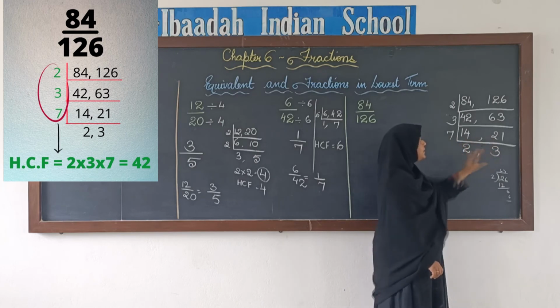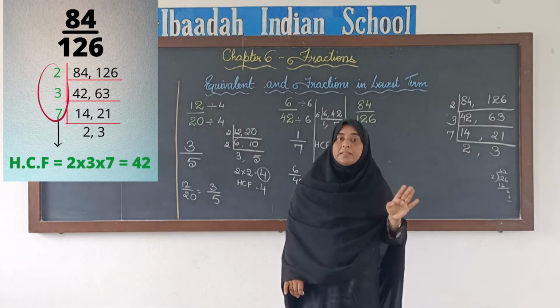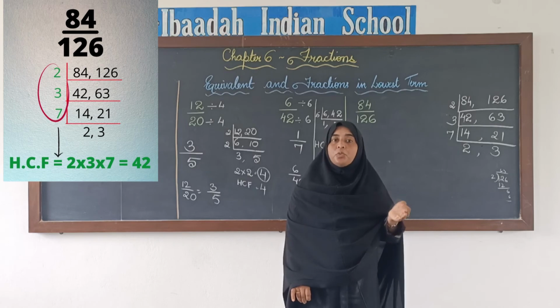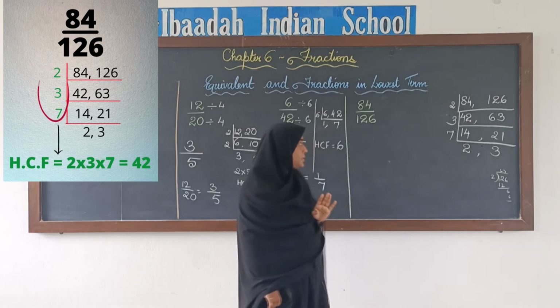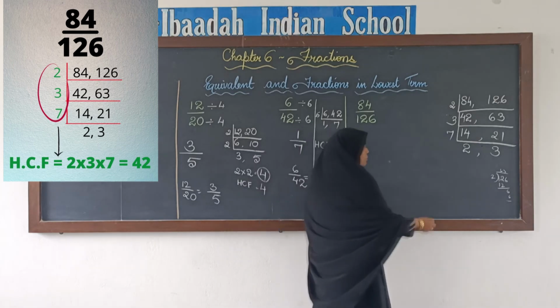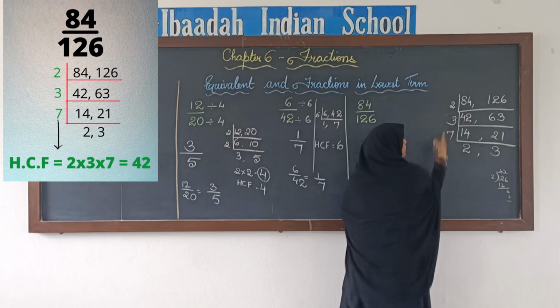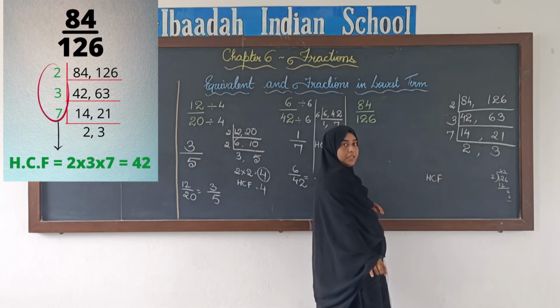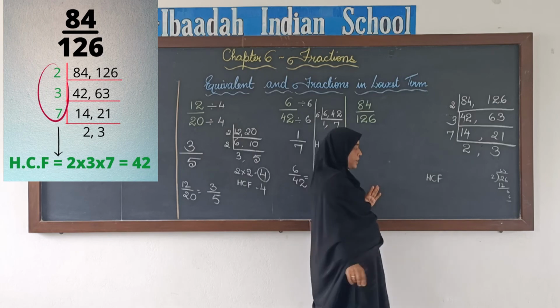Now, 2 and 3, there is no common factor for 2 and 3. There is no number that will divide 2 and 3, no common number. Okay, so we leave it there as it is. Now, HCF, what we have to do to find HCF? We have to multiply these common factors, right? We have 3 common factors, we have to multiply the common factors to find the HCF.